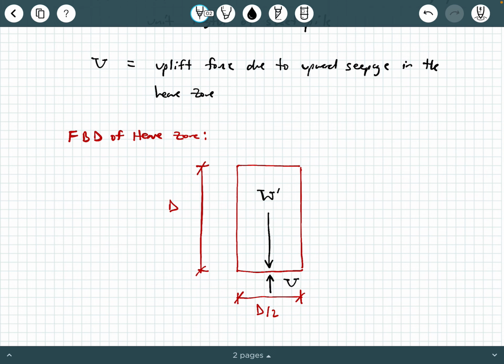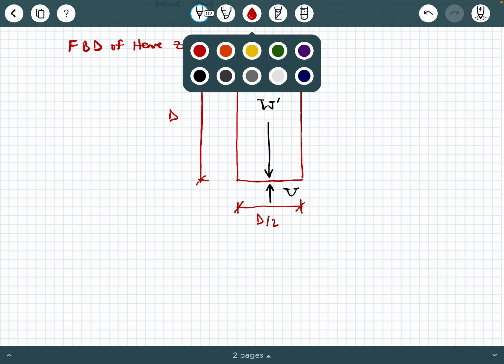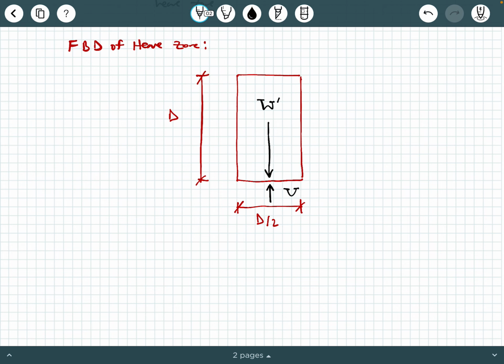If this looks familiar to you, it should. This is a similar kind of diagram to one we've explored in another video when we talked about seepage force per unit volume. So let's first start with the effective weight. What is this effective weight going to be? Well, it's quite simple. W prime is going to be 1/2 D squared gamma prime. Now, I didn't just make that up.